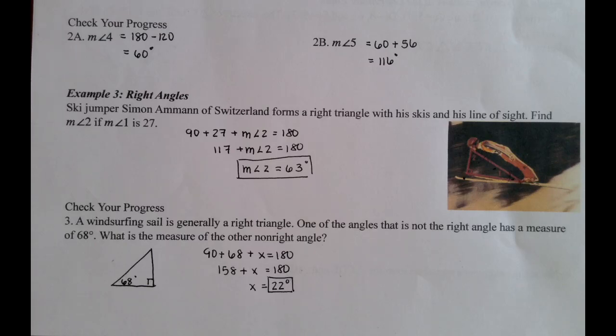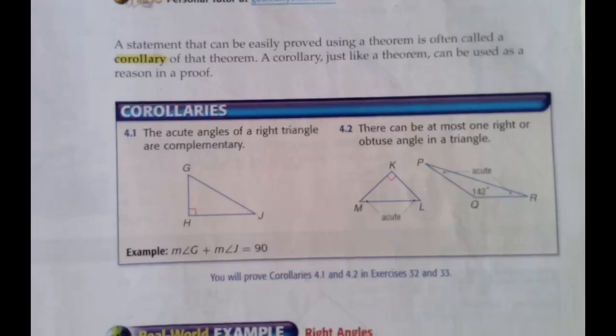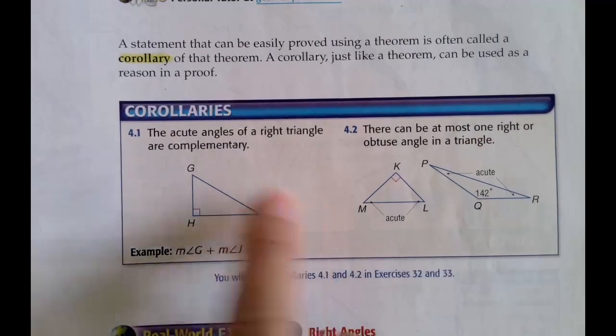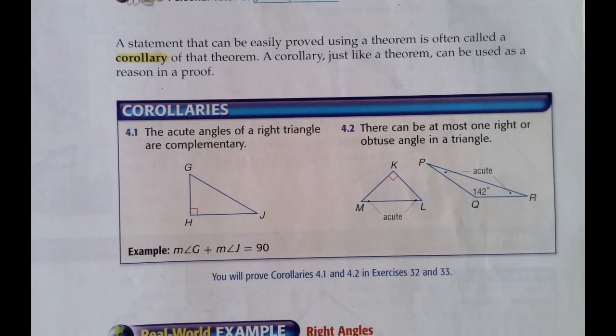If you look at the book for example 3, they did it another way, and that's because they're using the corollaries here. You cannot name it by this number. This number is arbitrary. It's only important in terms of this book, not in terms of geometry as a whole. So you're going to have to write it out.